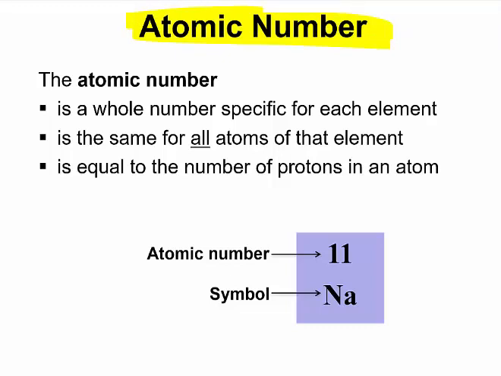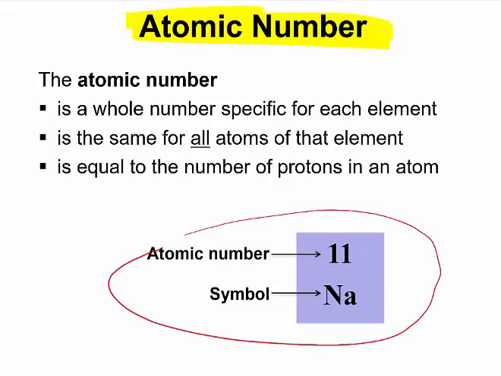Take a look at this excerpt from the periodic table. Sodium has atomic number of 11. What that means is that sodium has 11 protons. Number of protons will be equal to 11. Remember that.